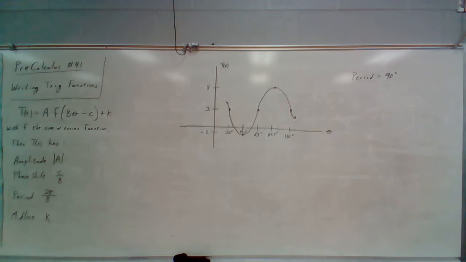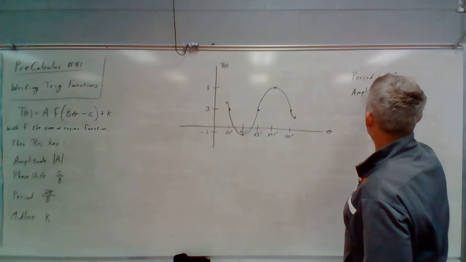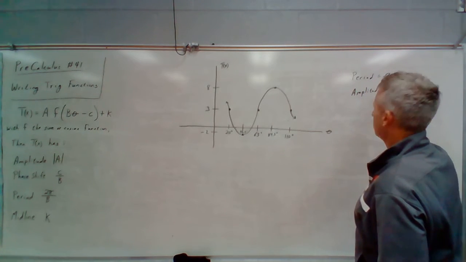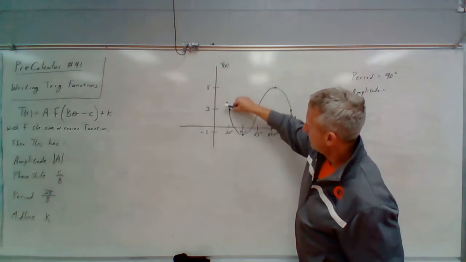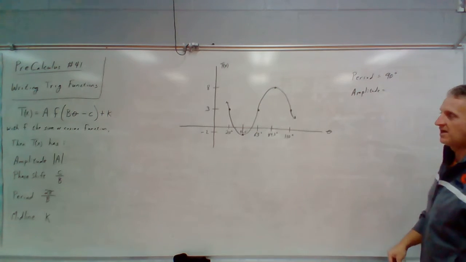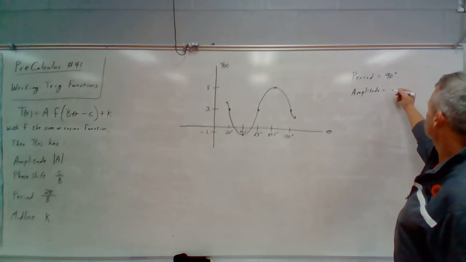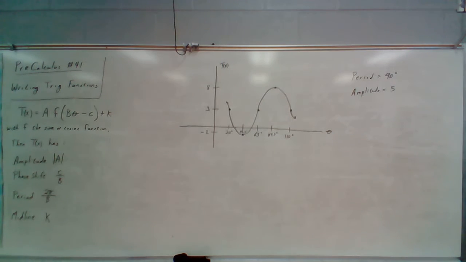All right. So let's see what else we can figure out. Our period is 90 degrees. What about the amplitude? The amplitude is really easy to see. This function rises 5 units above the midline, 5 units below the midline. So the amplitude is 5. What else can we notice really quick?